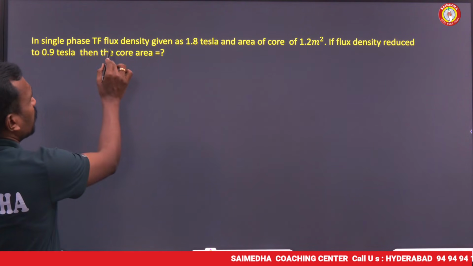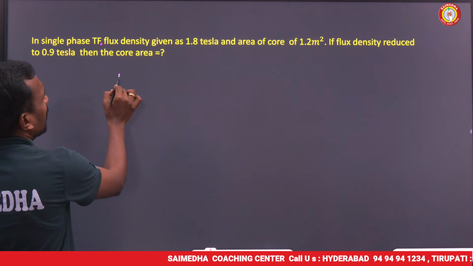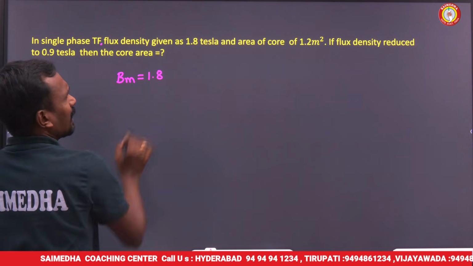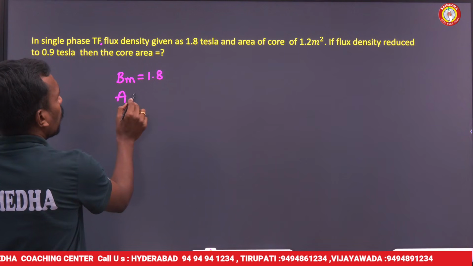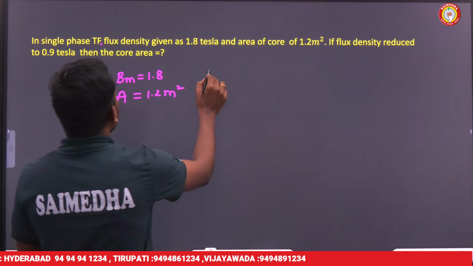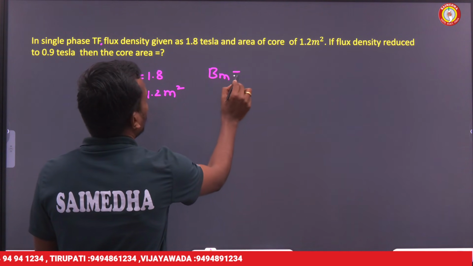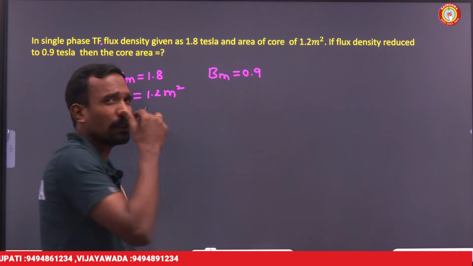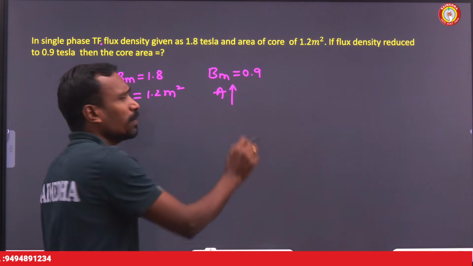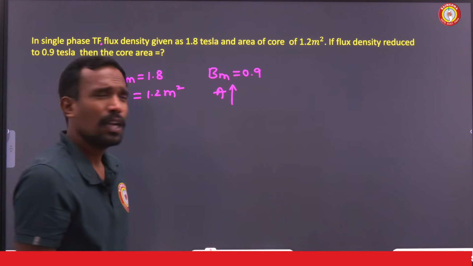In a single phase transformer, the maximum flux density is given as 1.8 Tesla. The area of the core is given as 1.2 meter square. If the flux density is reduced to 0.9, then ultimately the area of the core will increase.